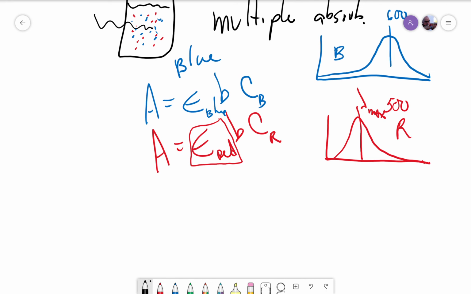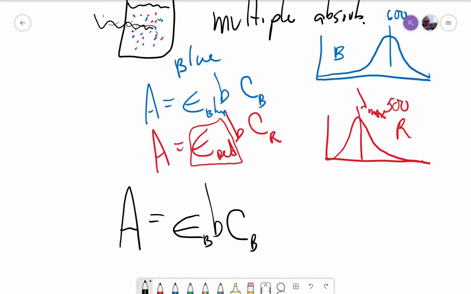In that case, the Beer-Lambert law suggests that the absorbance of a light, any wavelength, going through here is simply going to be equal to the molar absorptivity of the blue at that wavelength times the path length times the concentration of the blue, plus the molar absorptivity of the red at that wavelength times the concentration of the red.